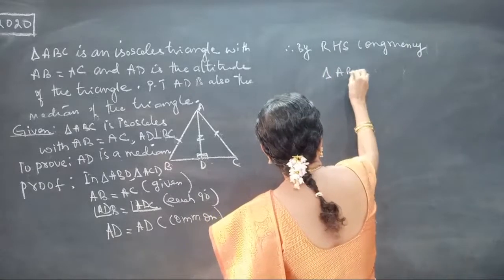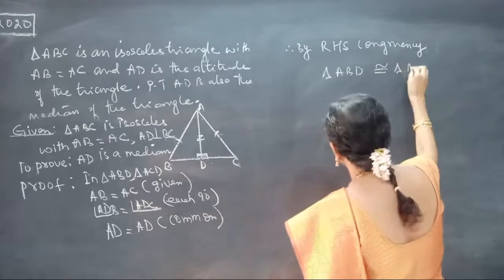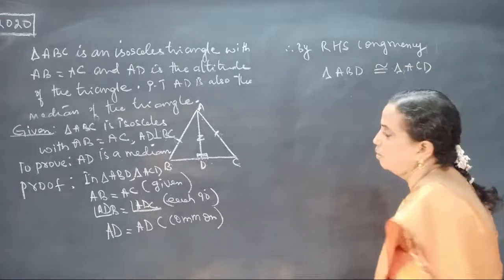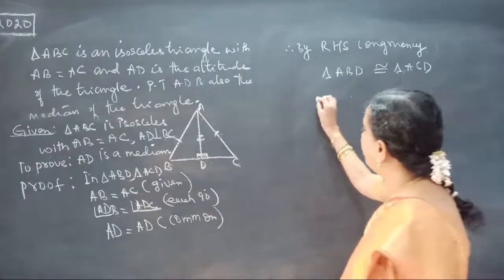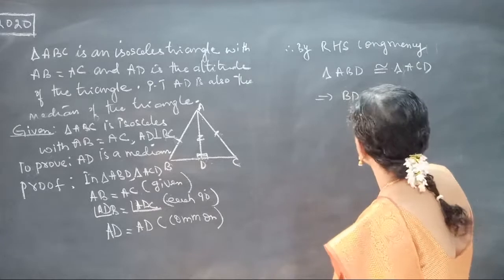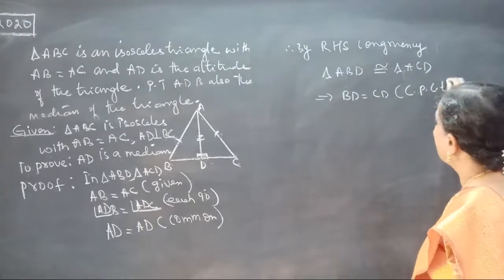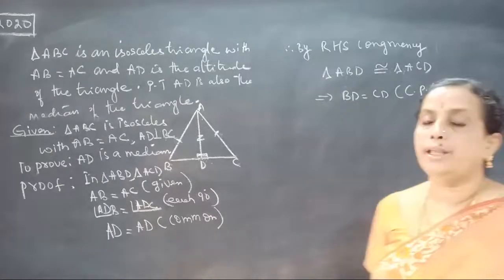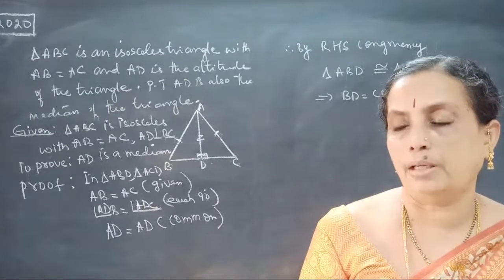Triangle ABD is congruent to triangle ACD. When we prove the two triangles are congruent, then we can consider BD equals CD as CPCT. And we know that the line joining the vertex to the midpoint is a median.